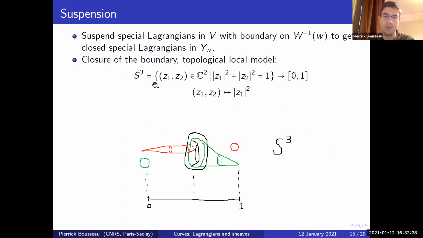So the thing to understand is this very simple geometry: if you look at S3, it will be a kind of local model for what's happening. If you think of the 3-sphere as the set of points Z1, Z2 in C2 such that the modulus of Z1 squared plus the modulus of Z2 squared is 1, then it has a natural map to the interval [0, 1], mapping (Z1, Z2) to the modulus of Z1 squared.